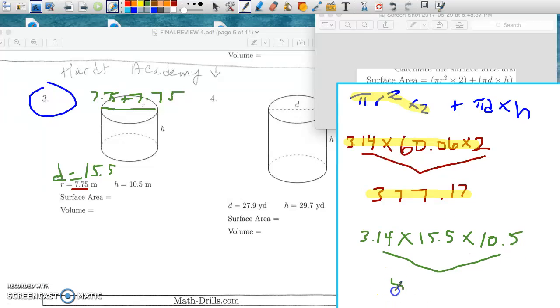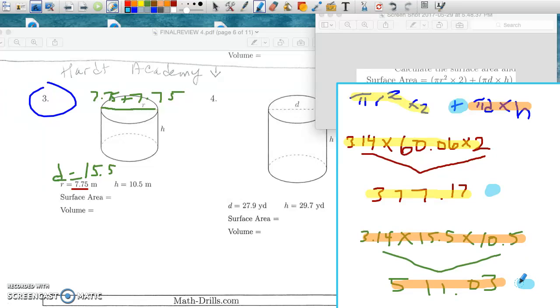I get 511.03. Okay, so that means this part of the formula right here, I got that, and I ended up with that. And what does it say to finally do at the end? Add them.